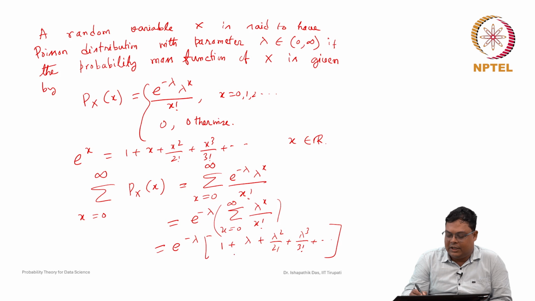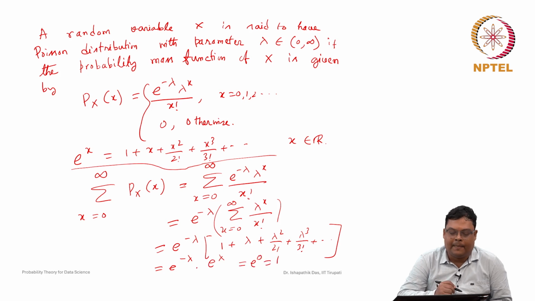See that this expression looks very similar to the series for e, so this is e to the power of lambda. So, e to the power of minus lambda into e to the power of lambda equals e to the power of 0, which is 1.